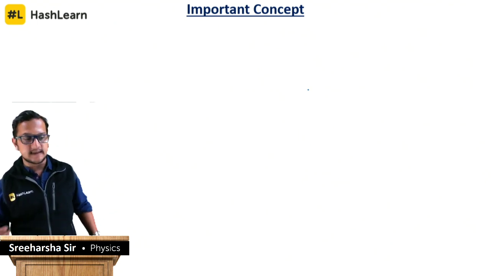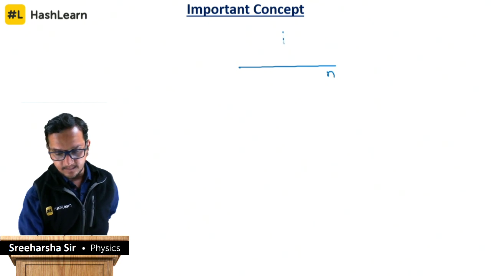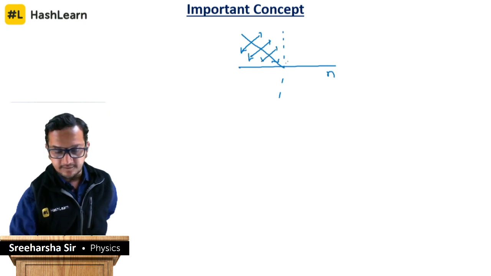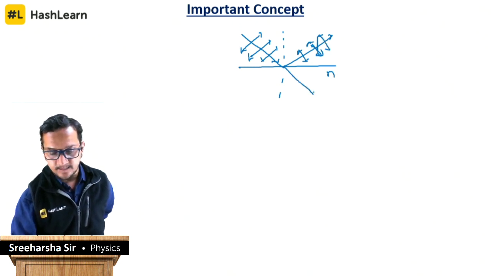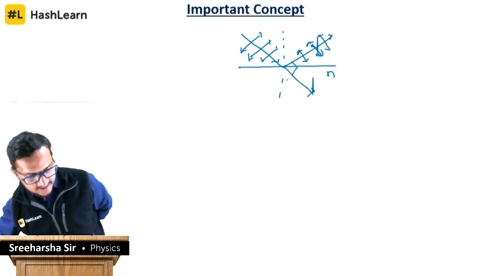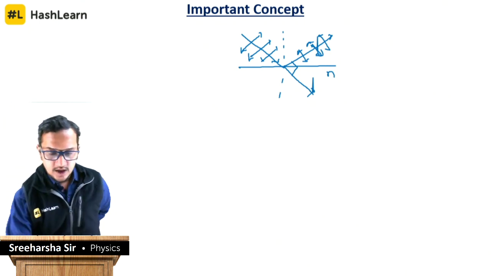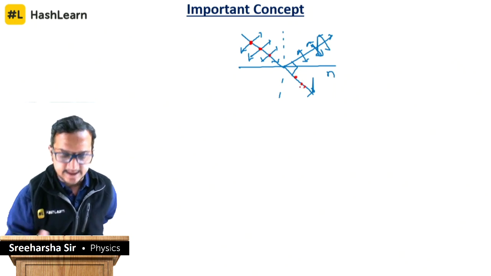Now using this, let us assume you have a medium of refractive index n, and this is the normal, this is the unpolarized light, and the reflected ray is completely polarized. The angle between the reflected ray and the refracted ray is equal to 90 degrees.